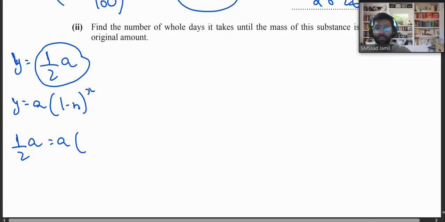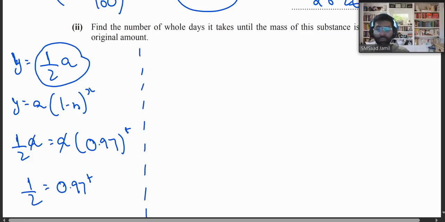Okay, 0.97 raised to power t, because I do not know the time. A gets cancelled out, so this is basically half is equal to 0.97 raised to power t. Now I will use something called logs. So ln half is equal to ln 0.97^t.